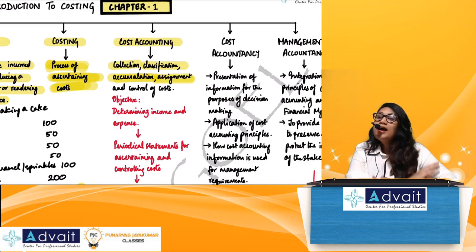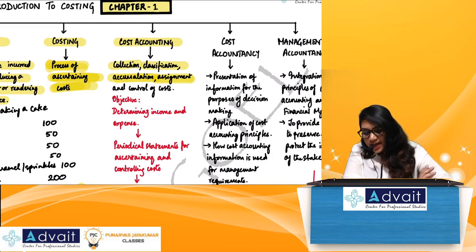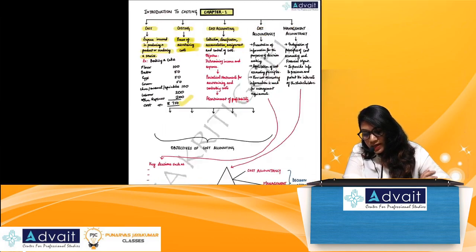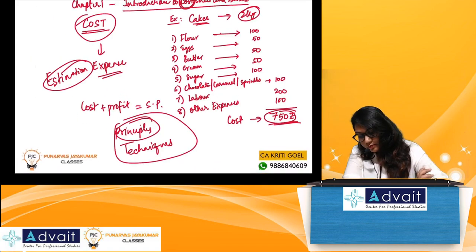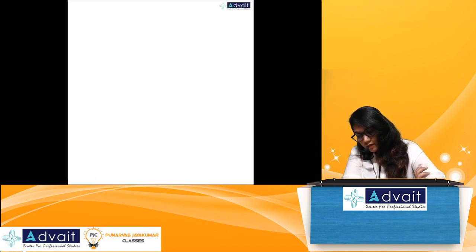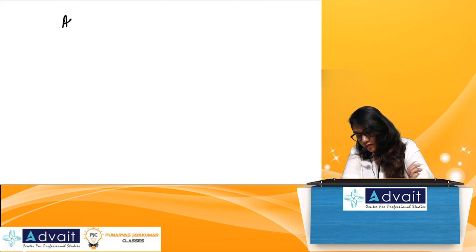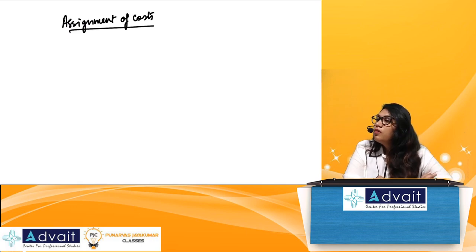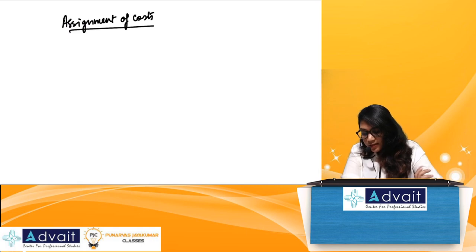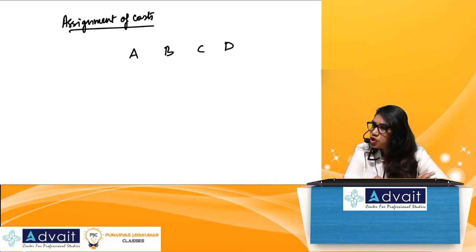There could be assignment. So now let's take an example for assignment. What do you mean by assignment? Say there are 4 departments in my organization.